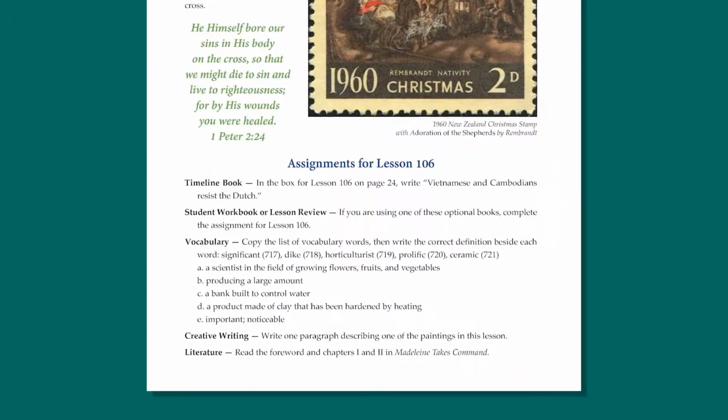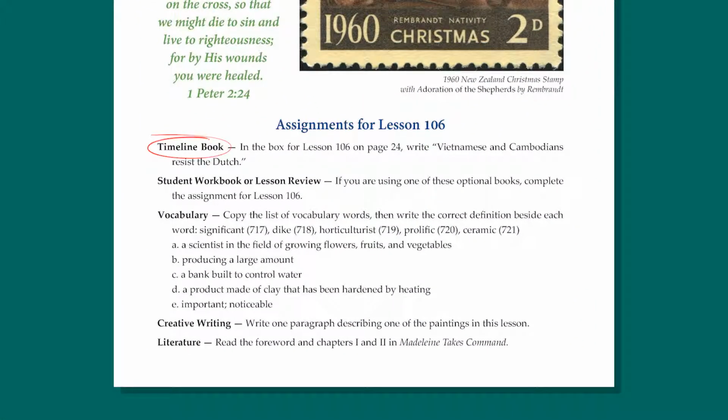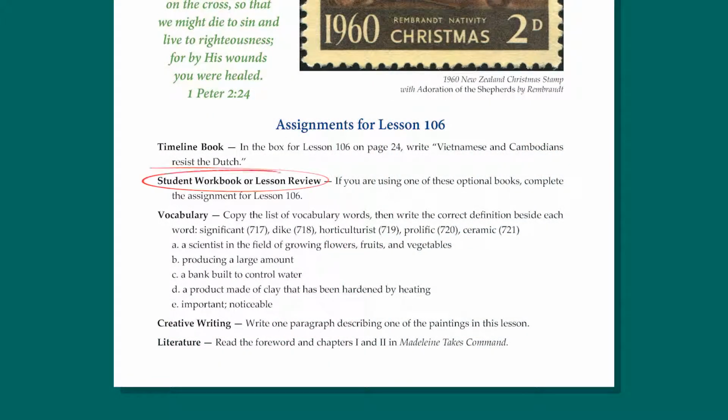At the end of this lesson, your student makes an entry in the timeline book. Your child simply finds the box for Lesson 106 on page 24 and writes the sentence given in the assignment. We offer 2 optional ways to review the material in each lesson: the student workbook and the lesson review.